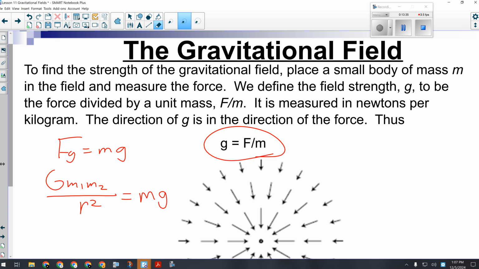If I'm standing on the Earth's surface, should those two things be equal? I should get the same number either way I calculate that, right? I can definitely say those two things are equal.